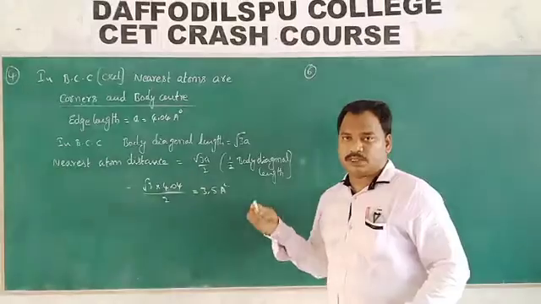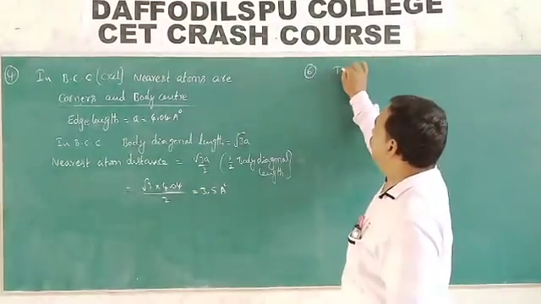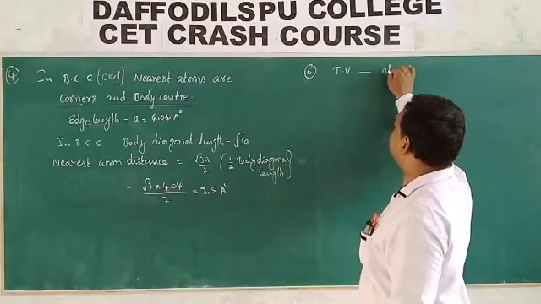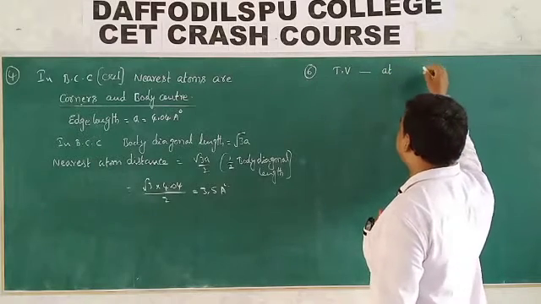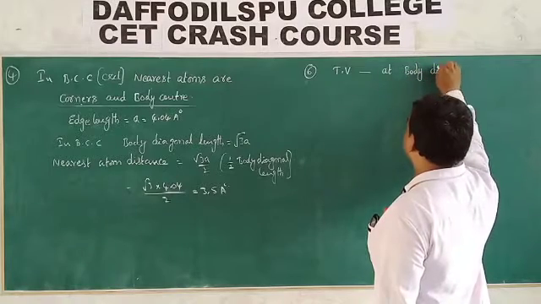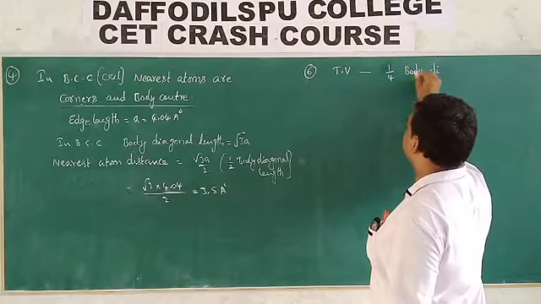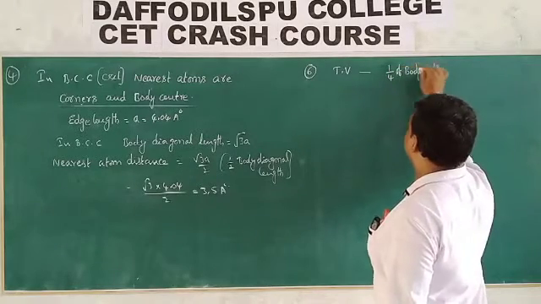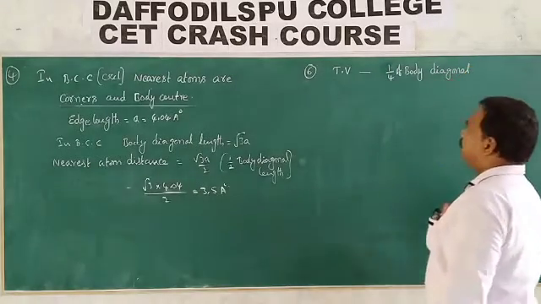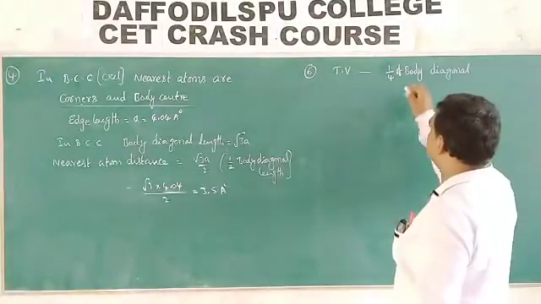I will give you some data on where these voids can be located. Tetrahedral voids are located at 1/4 of the body diagonal.